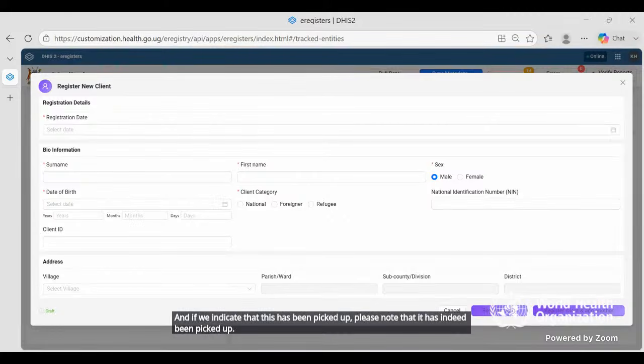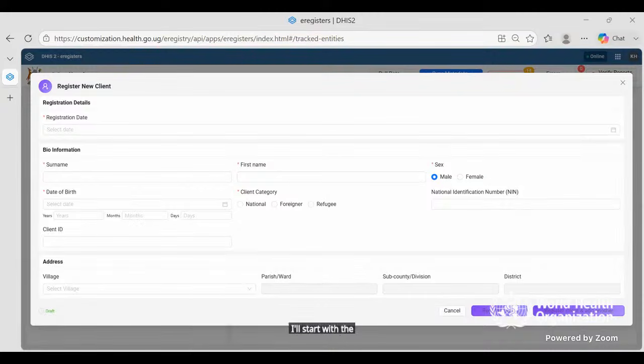Now, for the three questions that we have, I'll start with the question of when do I use register and add another. That depends on the workflow you have at the facility.